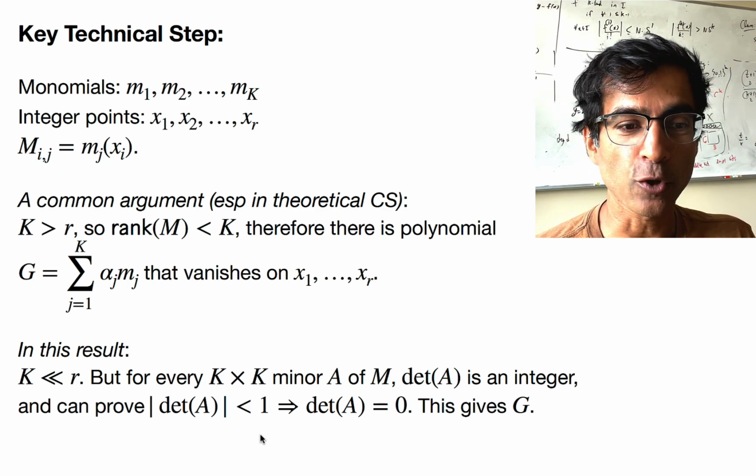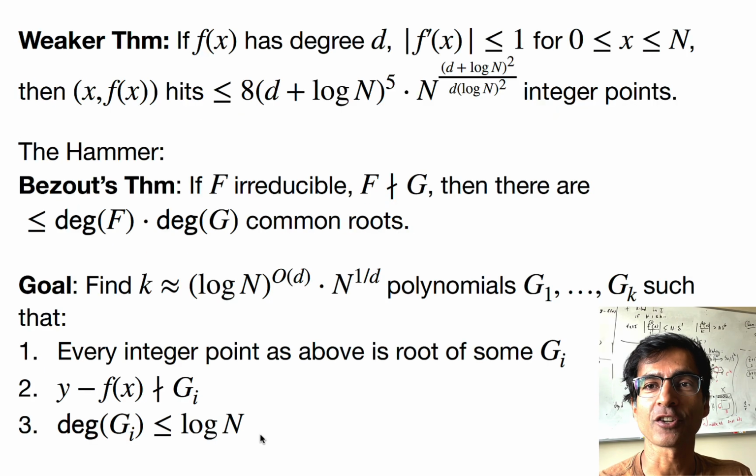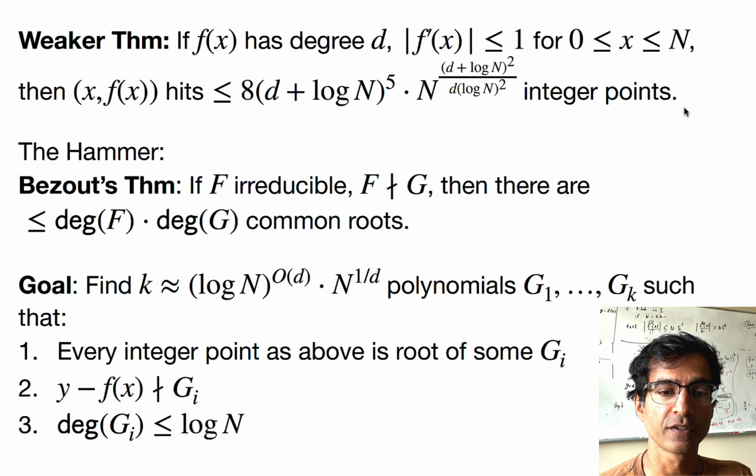Okay, so let me now continue to try and complete the proof. So here's the theorem we're going to prove for most of the video. A key hammer that we'll use is a tool from algebraic geometry called Bezout's theorem, and I will use this repeatedly.